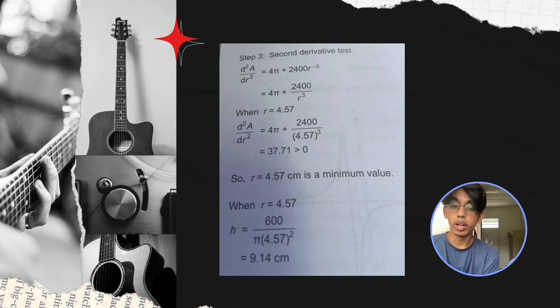Then when r equals 4.57, we use the h equation back, which is h equals 600 over pi r squared. We enter the value of r back into the h equation, which is h equals 600 over pi multiplied by 4.57 to the power of 2. So we get the answer, which is 9.14 cm.